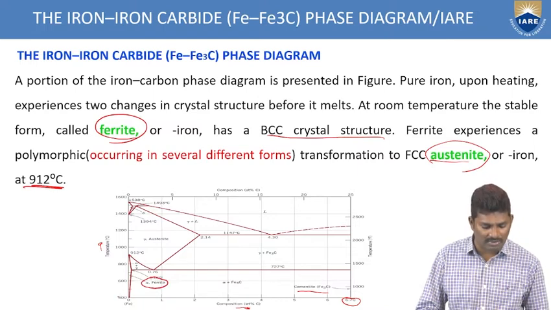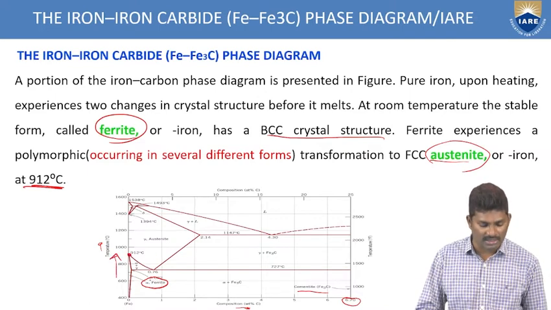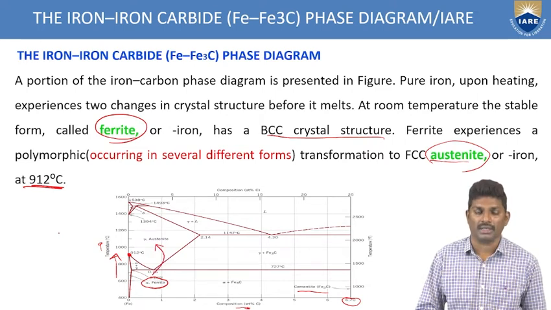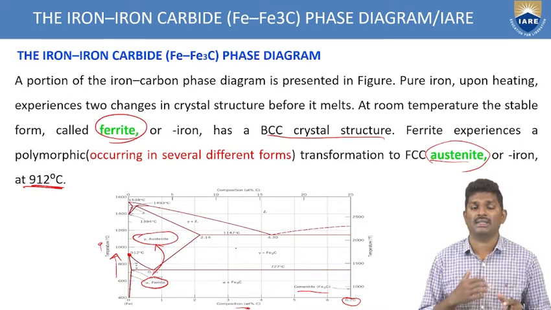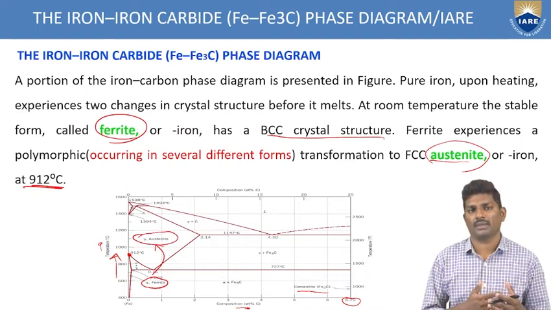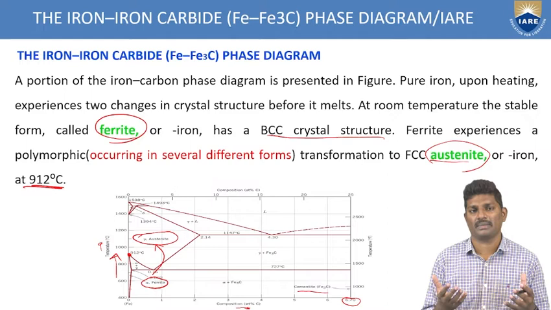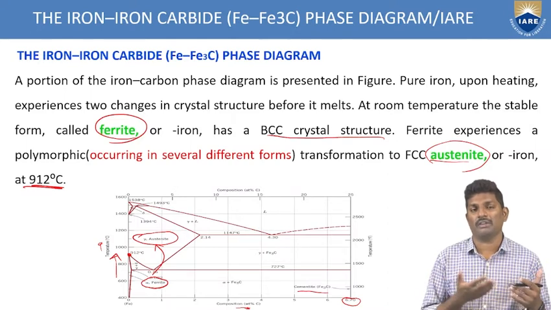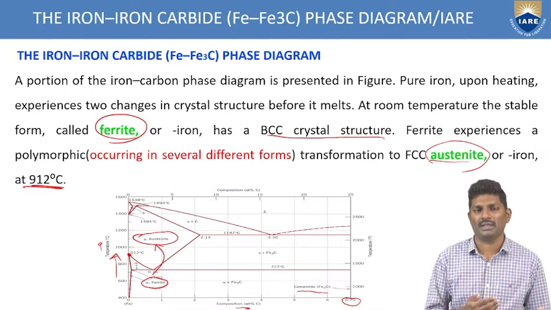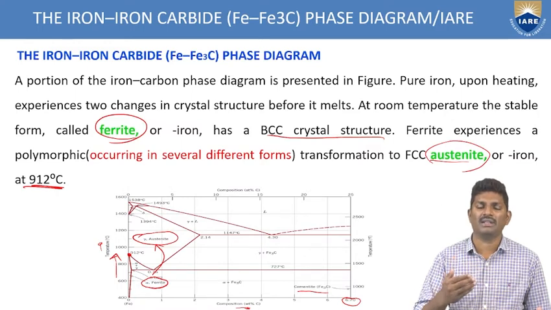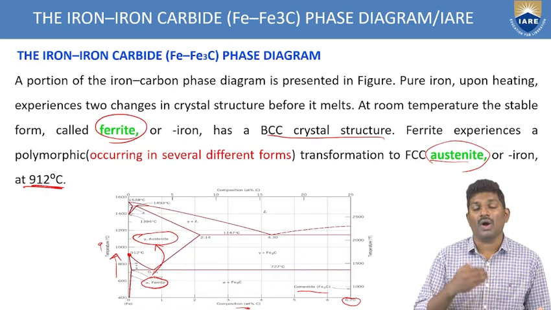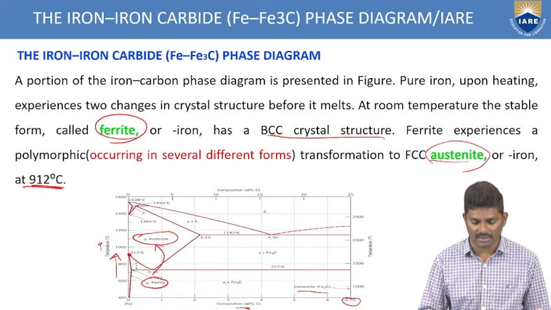Slowly, if we increase the temperature, at this point, 912 degrees centigrade, this alpha ferrite is converting to gamma austenite. That is, it is changing its crystal structure from BCC to FCC. At room temperature, it is ferrite. Now, after heating and reaching that 912 degree mark, it is converting from ferrite to austenite, from BCC to FCC crystal structure.